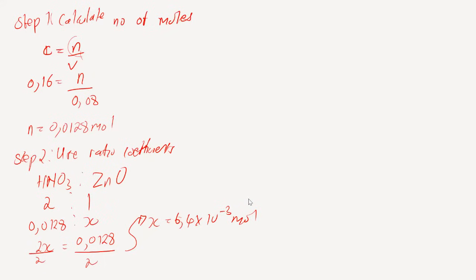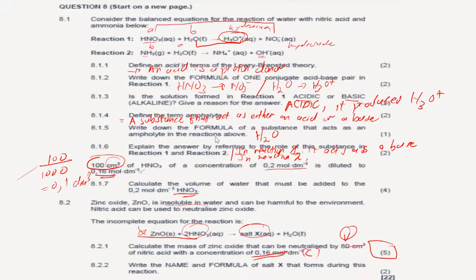Now, what is it that we are looking for? We are looking for the mass. We should not be carried away in the question. So N equals M over big M, that's 6.4 times 10 to the exponent of -3 equals M over the molar mass of zinc oxide.